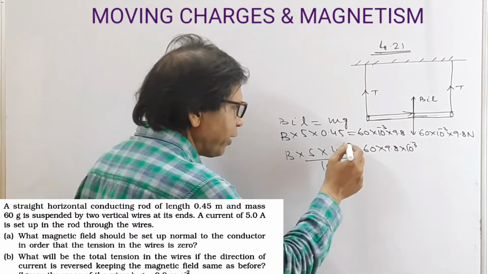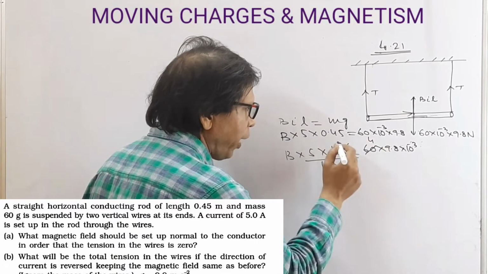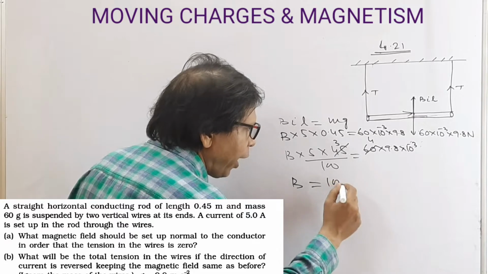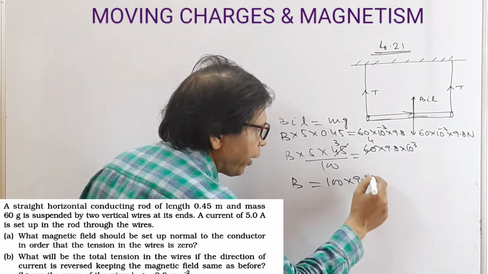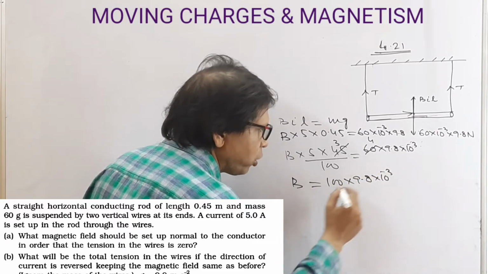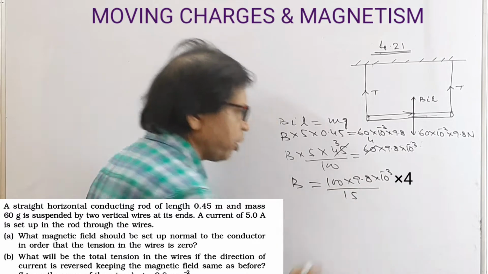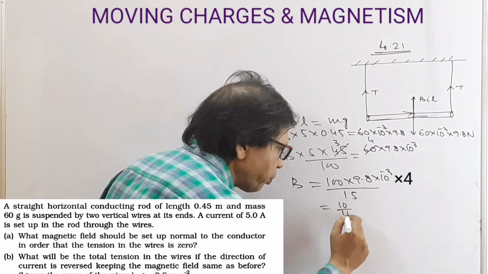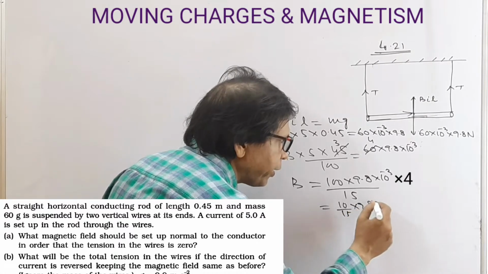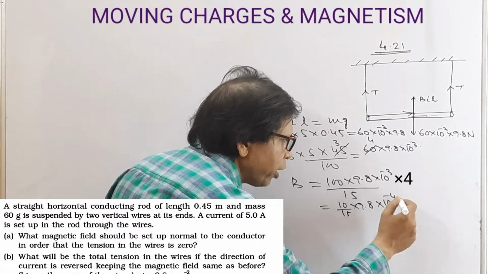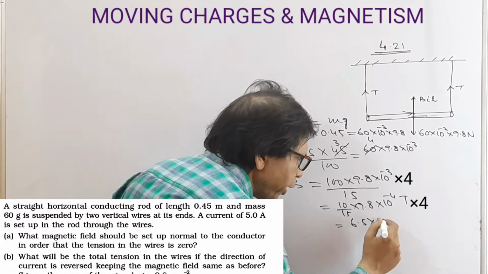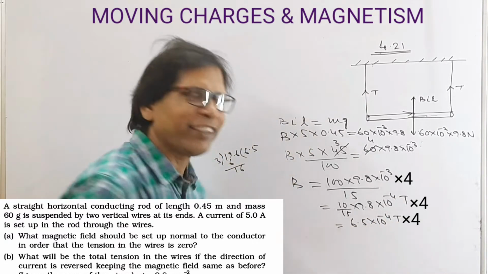Now this is the 4 and this is the 3. So B equal to 100 into 9.8 into 10 to the power minus 3 divided by 15. Now this is 10 by 15 into 9.8 into 10 to the power minus 4 Tesla. This is 6.5 into 10 to the power minus 4 Tesla.